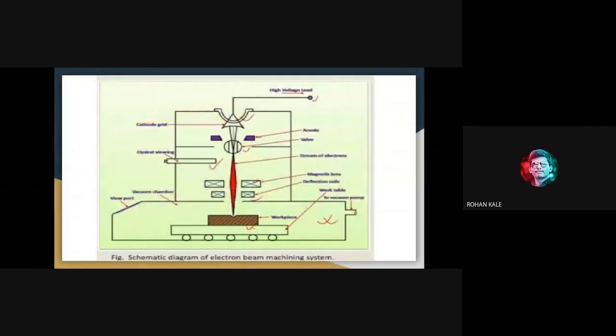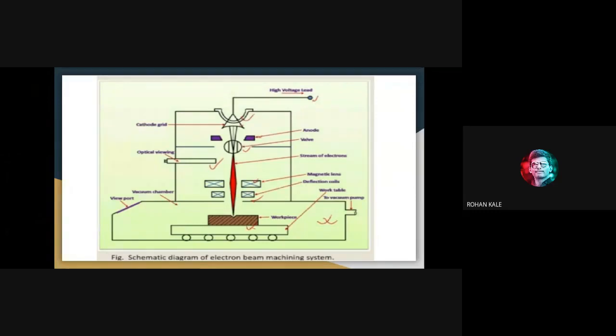Through that we will get the high velocity electrons, and then you can see we can get the stream of electrons. Here we have this submerging chamber, and in that chamber, vacuum is there. So machining will occur in vacuum in this electron beam machining.